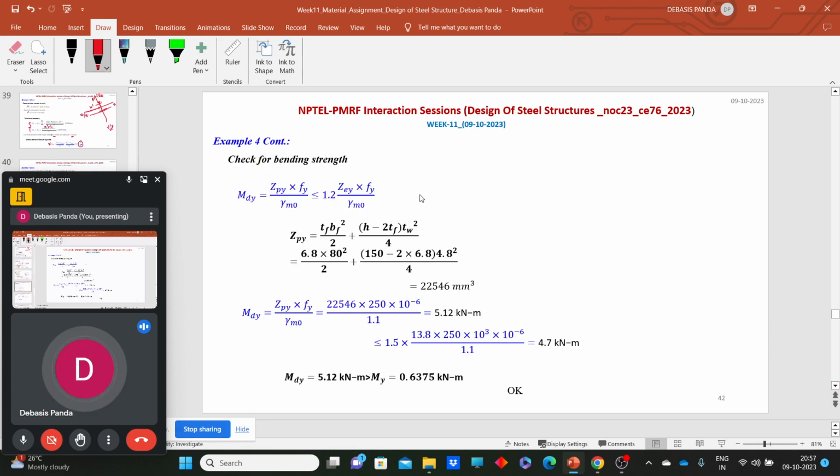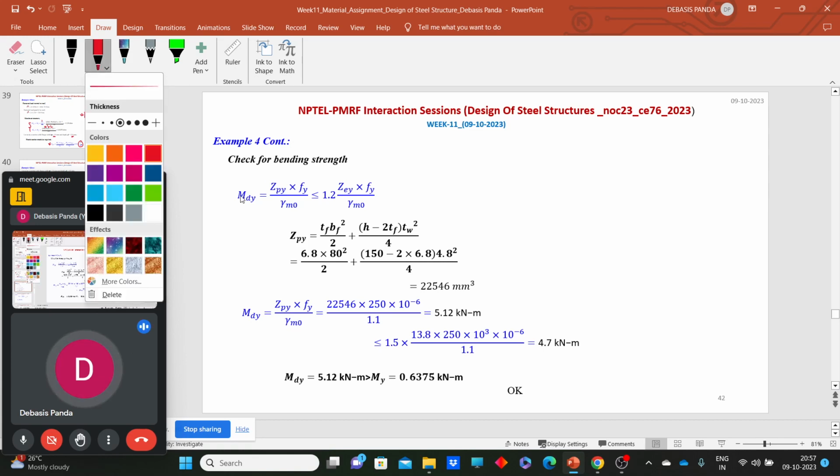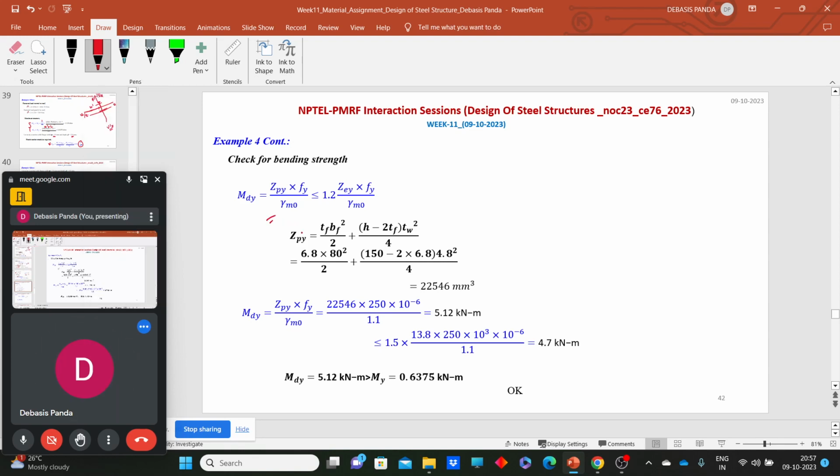Here I have calculated this part also, so let's go through it quickly. For Md_y, we first need to calculate the Zp_y value, that means the required plastic modulus about the y axis.